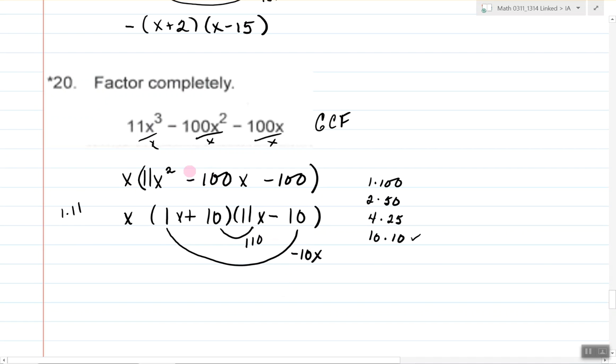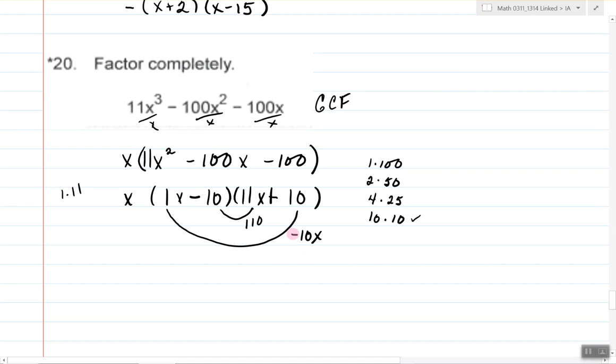I do need negative 100x. So since it's the right value but the wrong sign, I change that to minus and that to plus and double check it again. Now the outer product is plus 10x. The inner product is minus 110x. That gives me minus 100.